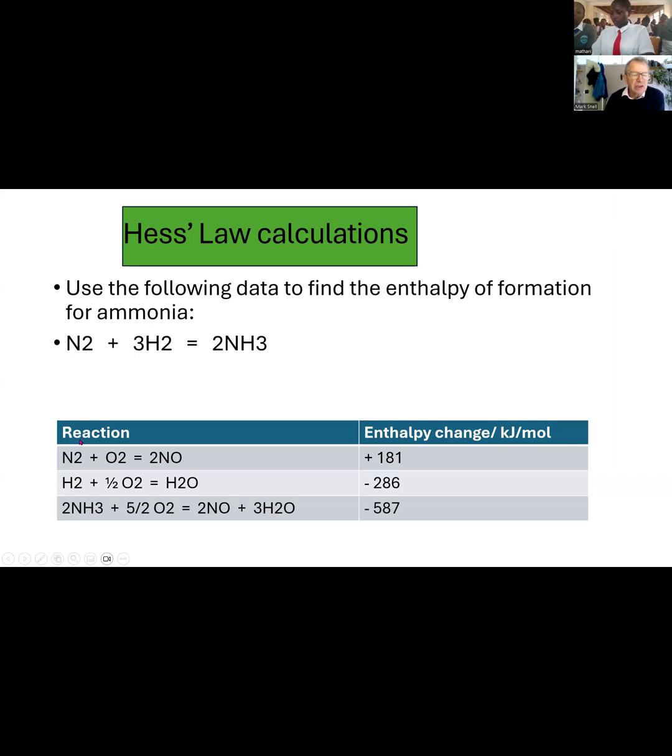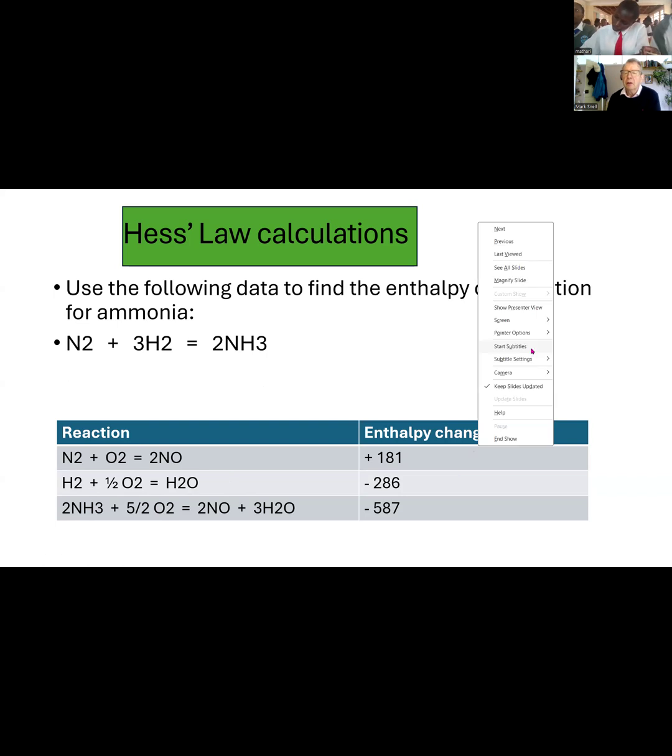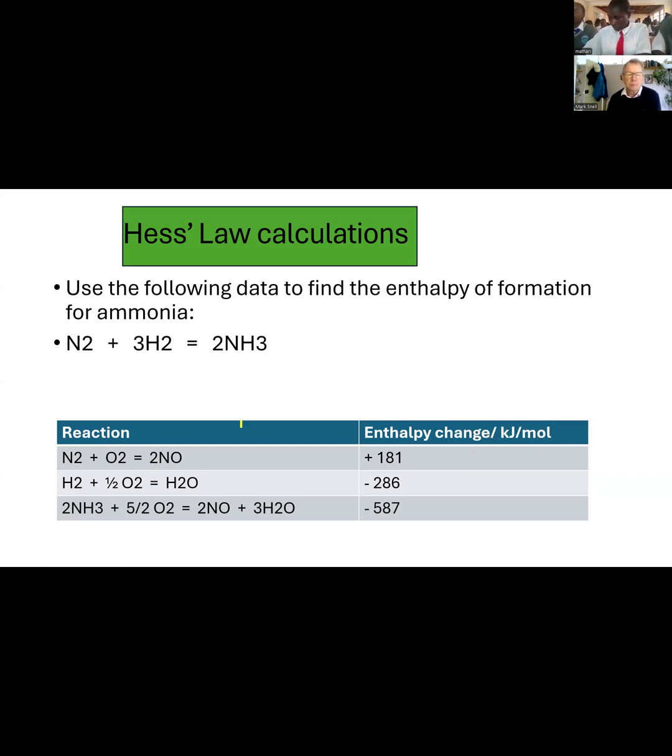If you look at this lot down here, it doesn't seem to be very useful because I've got some information about nitrogen. Let me just get a highlighter. If I'm looking for something to do with nitrogen, I can find nitrogen in this equation here, but I can't find the rest of it.